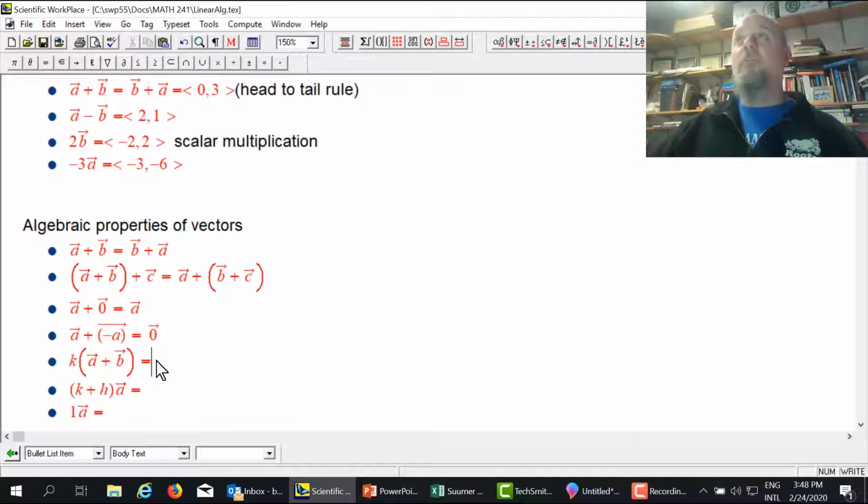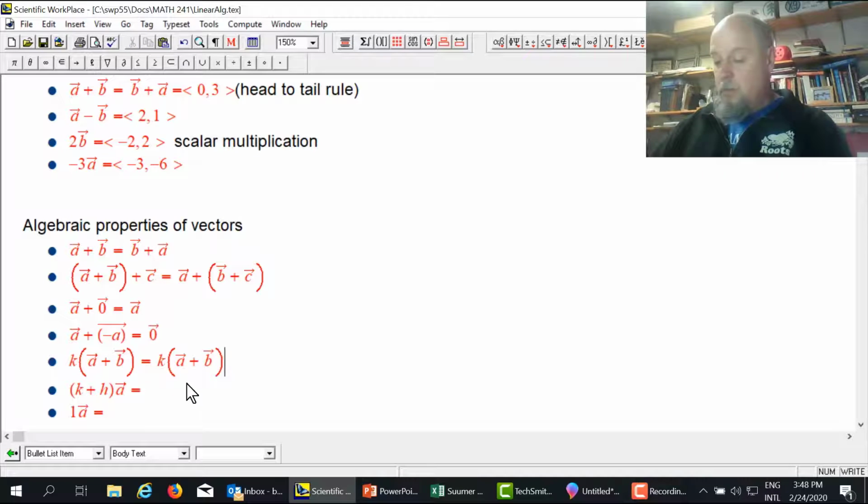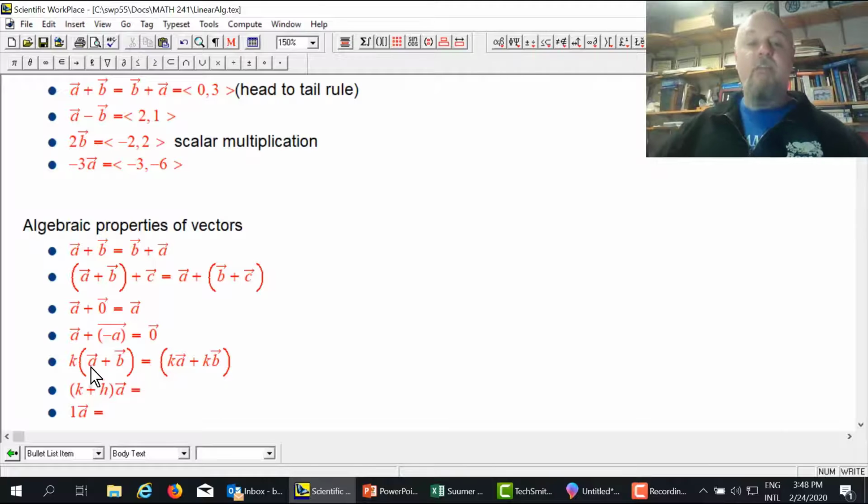This piece here is scalar multiplication, so k is a number, a scalar, not a vector. I want to say that it distributes across, so I can distribute it across that plus sign. On the left-hand side, I can take vector a plus vector b, get a new vector, and then multiply that vector by k, or I could multiply the little pieces and then add vector ka plus vector kb together to get the same answer.